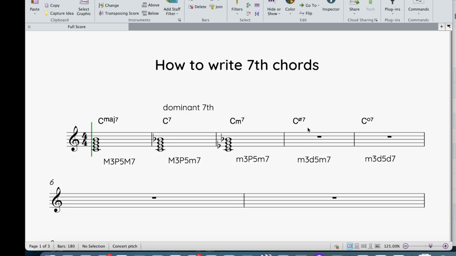C half diminished, or sometimes, I should actually show you, sometimes this is C minor 7 flat 5. That's another name for this. And I want to point out, notice the terminology here. C minor 7 flat 5.